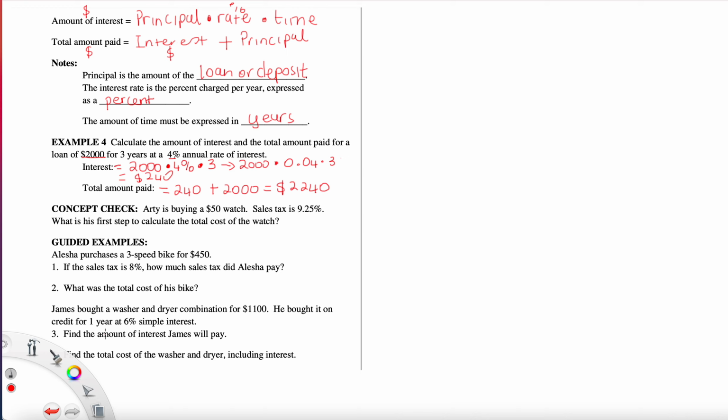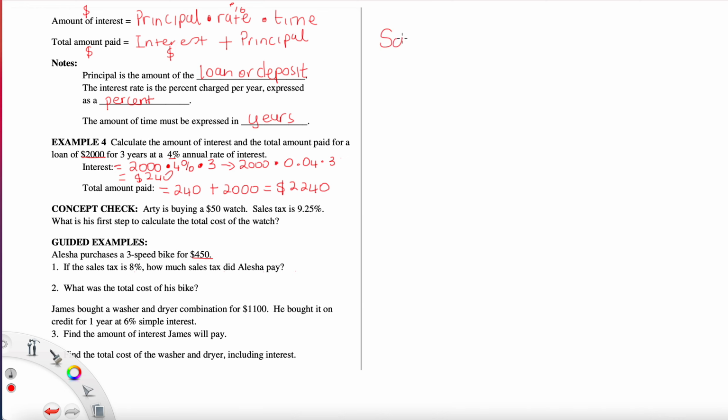Okay. So now I'm going to go ahead and do these 4 examples to see how to apply percent in different scenarios, and this will kind of tie into the whole lesson. So number 1, Alicia purchases a 3-speed bike for $450. This is the original amount. If the sales tax is 8%, how much sales tax did she pay?